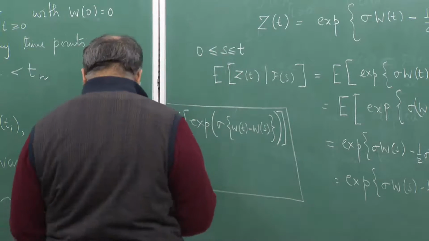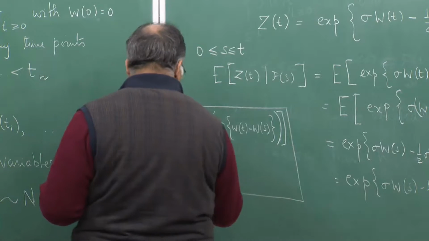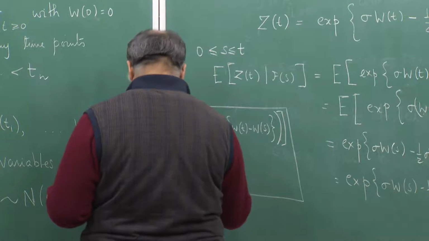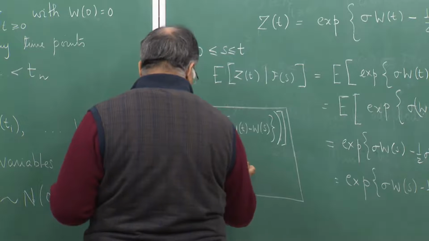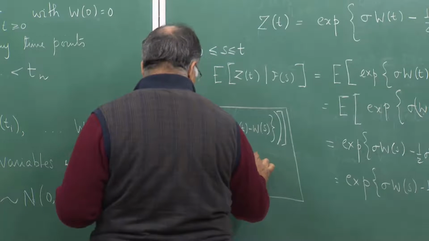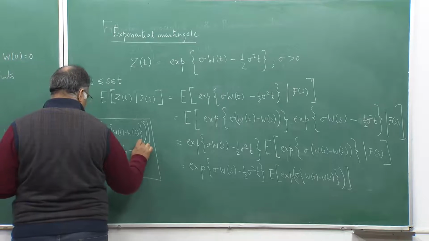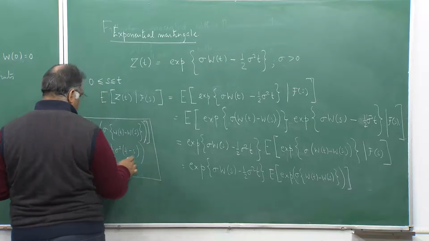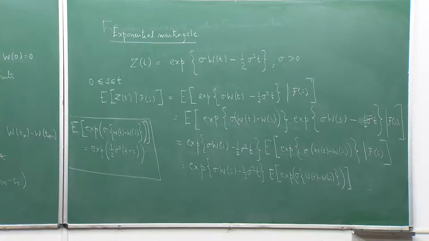This is equal to exponential of half sigma square t minus s. Okay. So, this is what you will have, that is the answer.